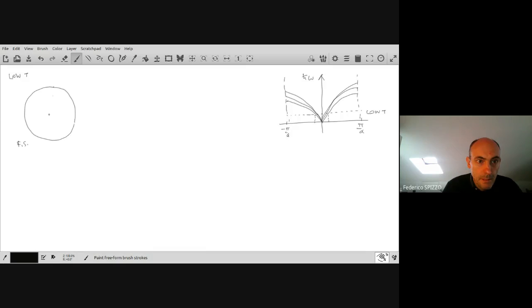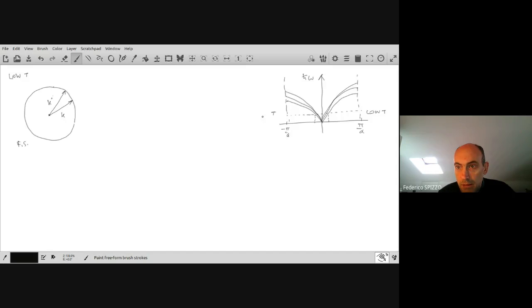So if this is the value of the wave vector for the starting level of the electron, then the final level of the electron will be close to the initial one.